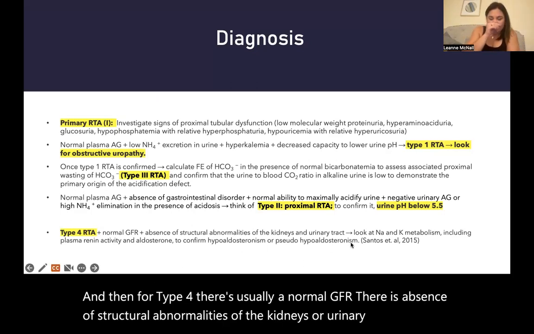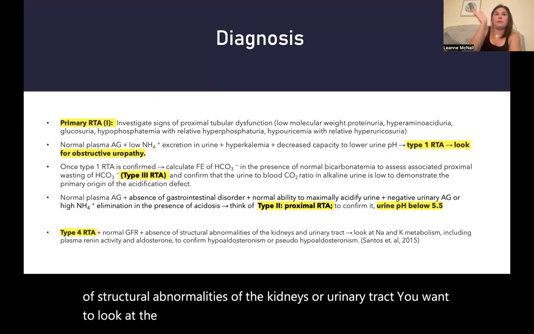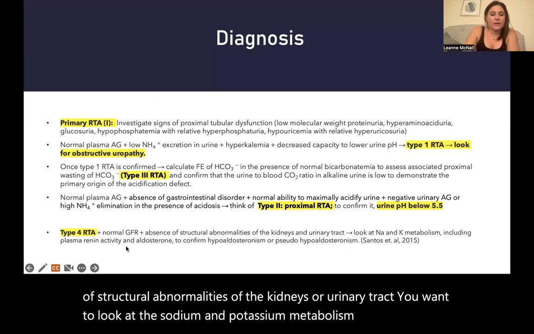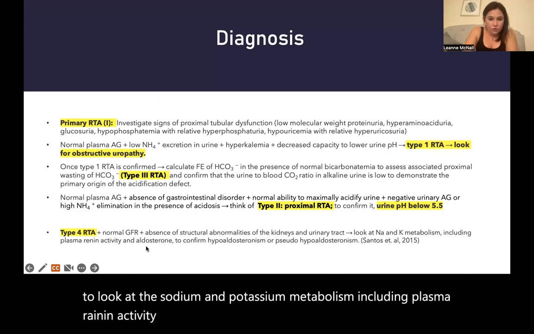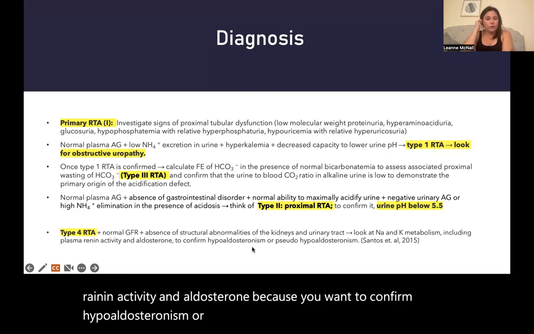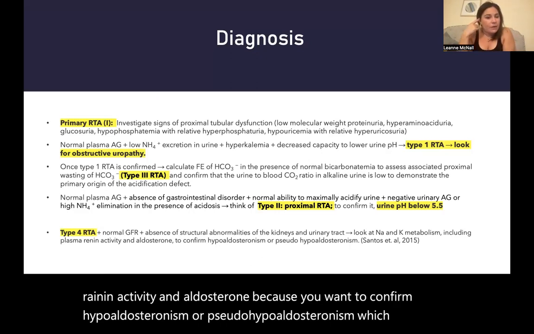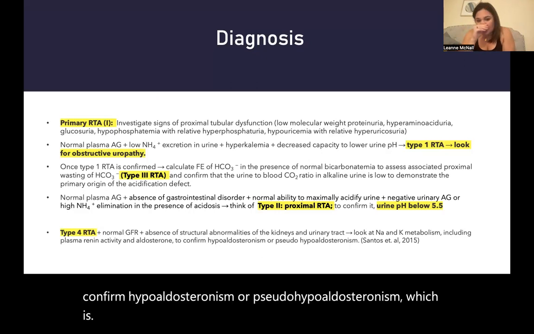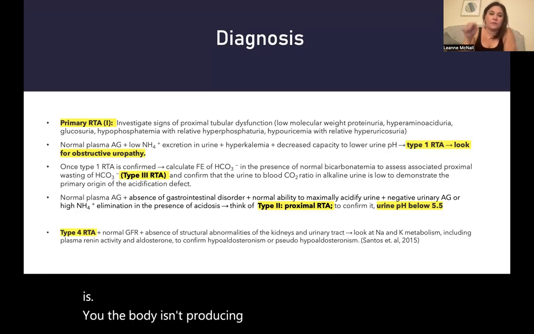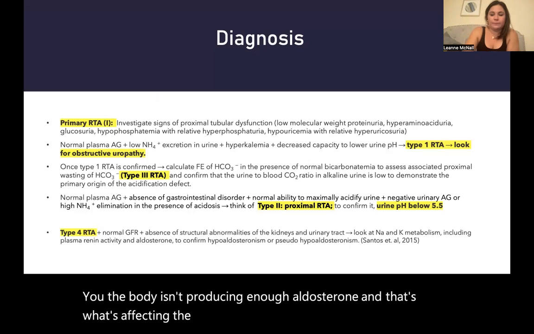You want to look at the sodium and potassium metabolism, including plasma renin activity and aldosterone, because you want to confirm hypoaldosteronism or pseudohypoaldosteronism, which is the body not producing enough aldosterone, and that's what's affecting the kidneys, and that's type 4.